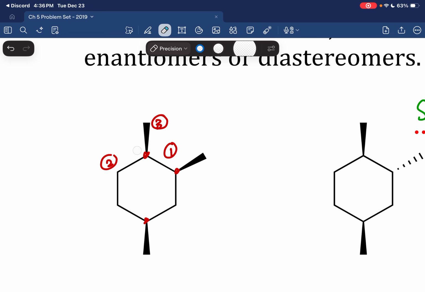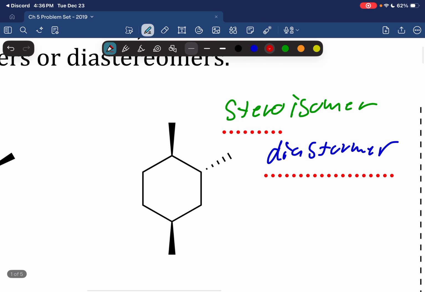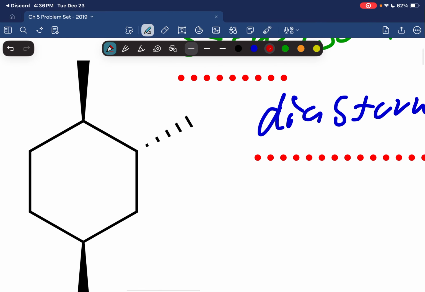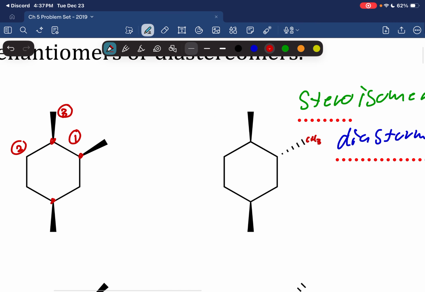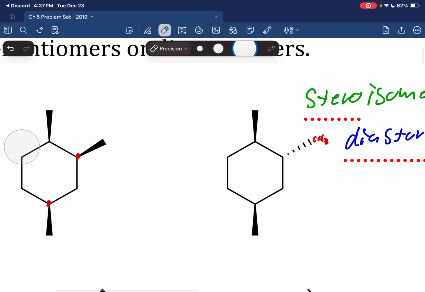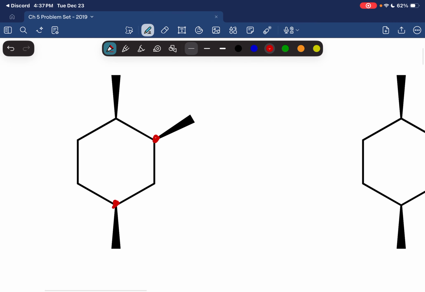And also, moving on here, since this is the CH3 over here, that would mean that the hydrogen would be wedge, which means that our R and S configuration would flip. So let's work on this part actually, because these don't really matter for the problem.